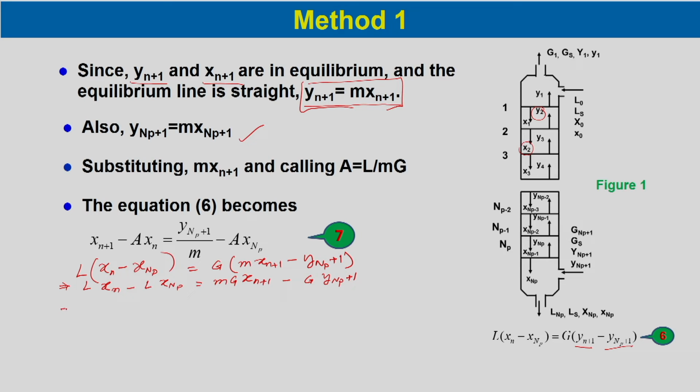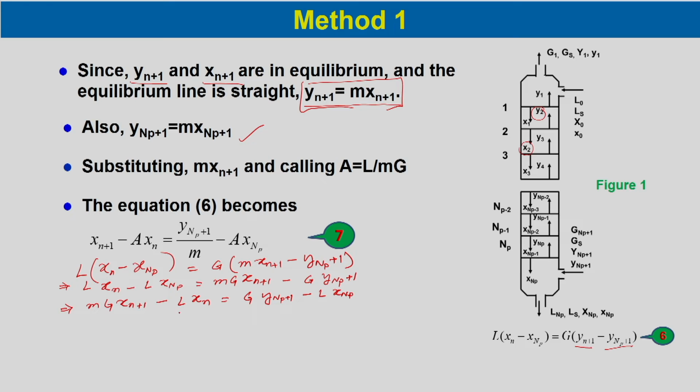Now, we can write m G x n plus 1 minus L x n would be equal to G y n p plus 1 minus L x n p.